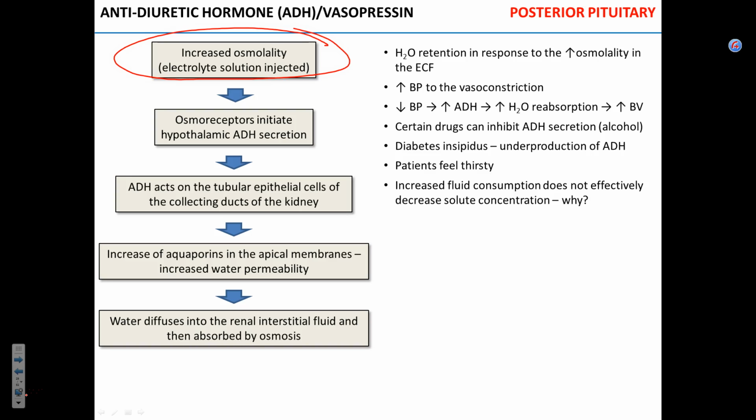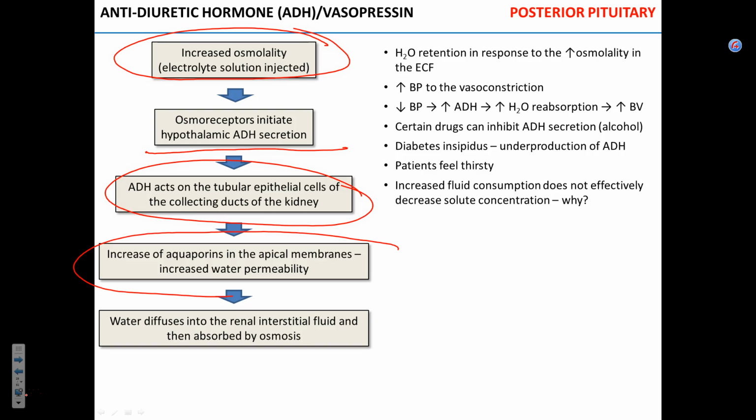When it senses, ADH is produced by hypothalamus, released by posterior pituitary, and then, we didn't talk about this, so don't worry, it increases the number of special channels called aquaporins. So water leaves filtrate and enters essentially blood.